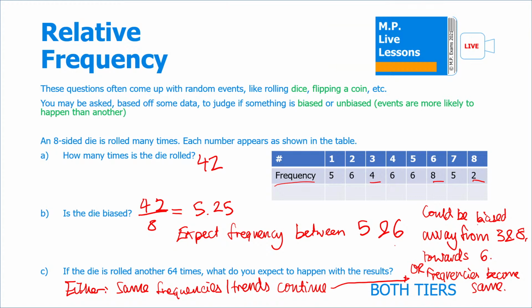They'd slowly make their way to roughly the same, because the randomness has a lower effect at higher frequencies.